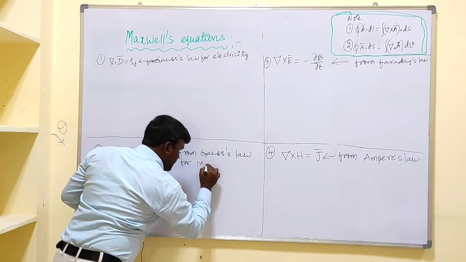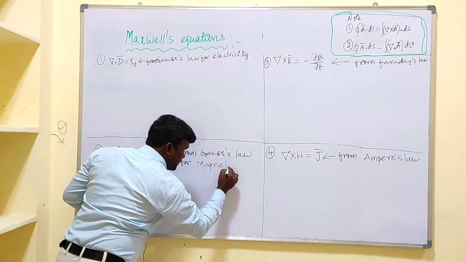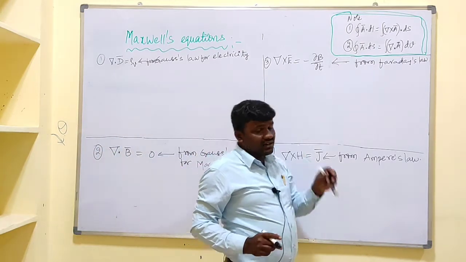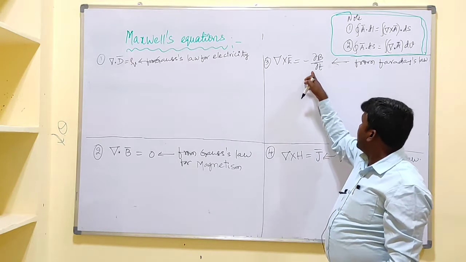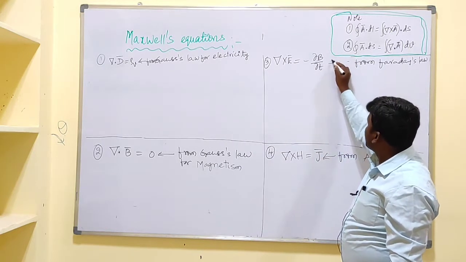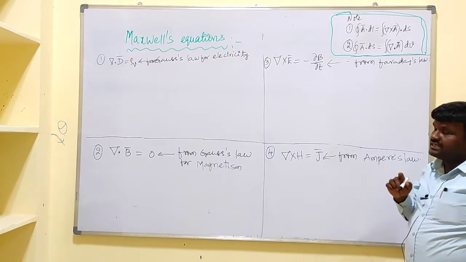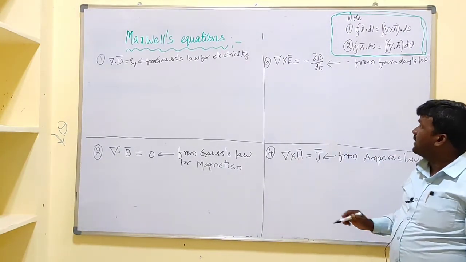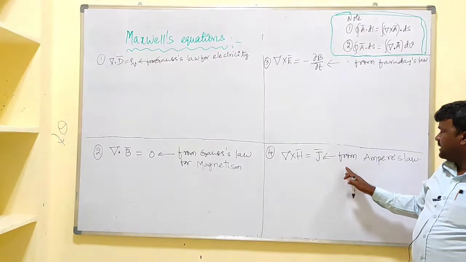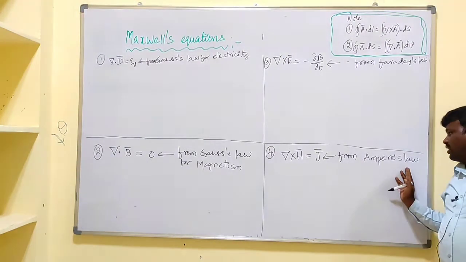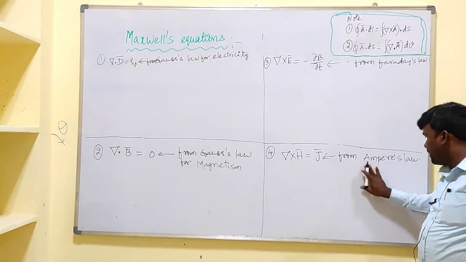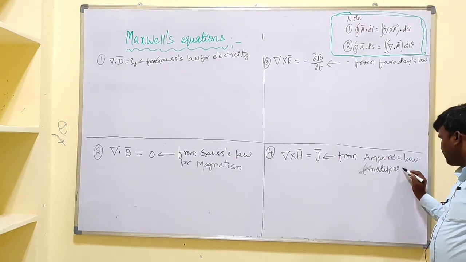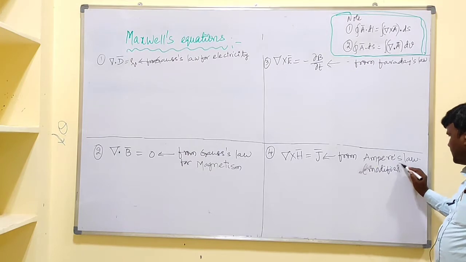The third equation, del cross E is equal to minus dou B by dou t, is derived from Faraday's law. And the fourth equation, del cross H bar is equal to J bar, is derived from Ampere's law. Of course, it is the modified Ampere's law. We need to take the modified Ampere's law.